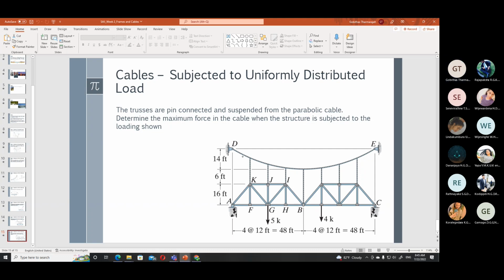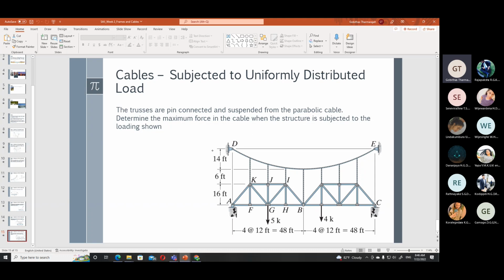Then from that, similar to what we did yesterday, we can find the angle here. And from that point onwards, we can start finding the forces.